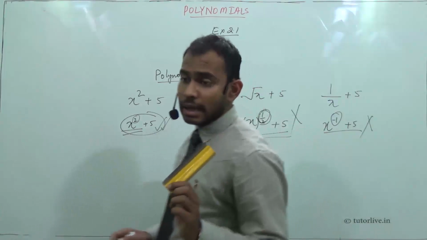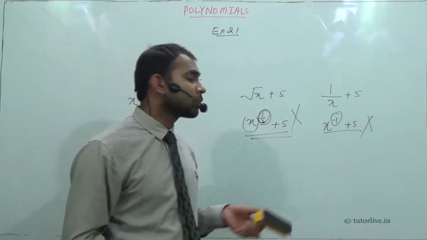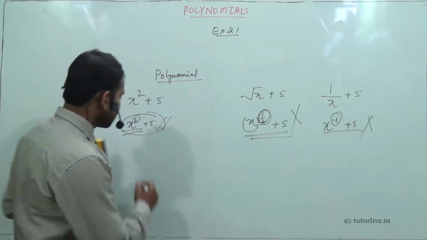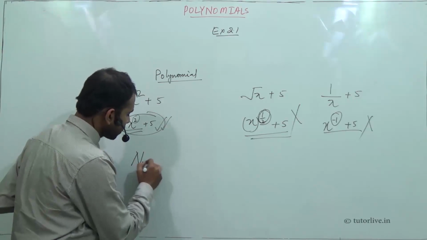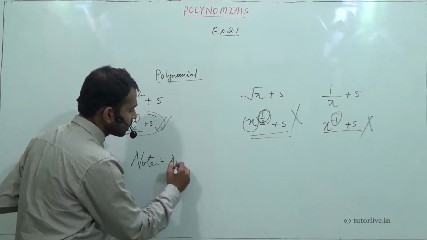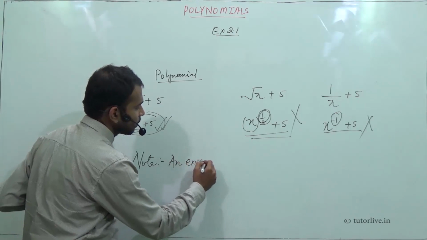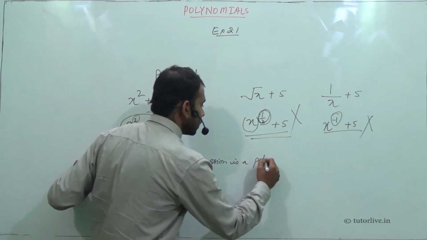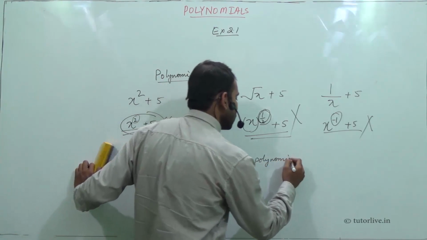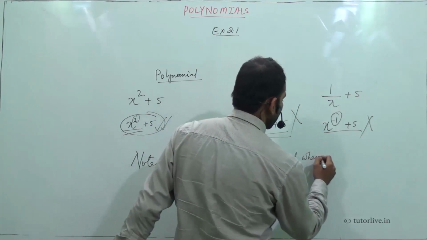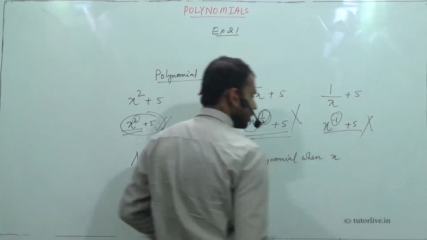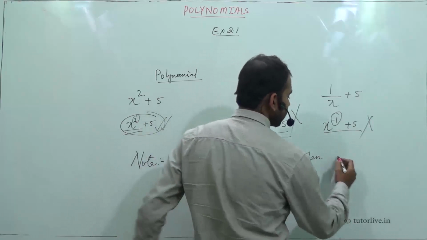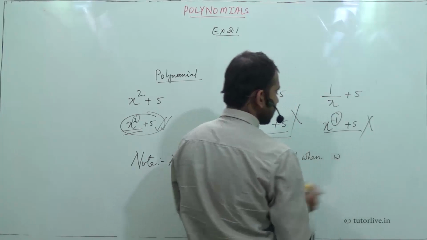So an expression is a polynomial when the variable, here we are taking x, has a whole number power or exponent over it. You will just write it down somewhere in your copy.